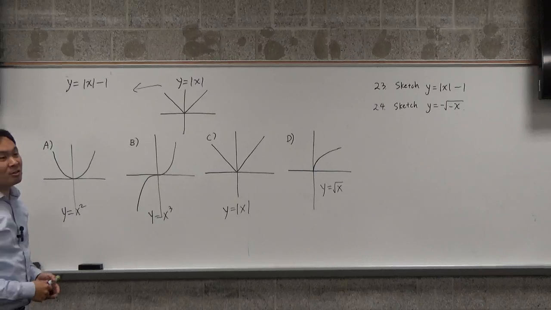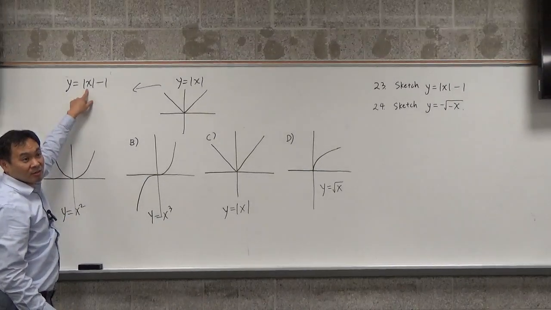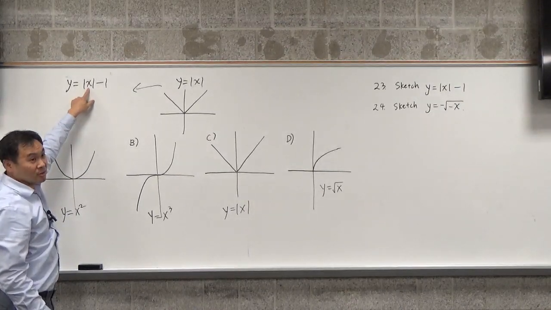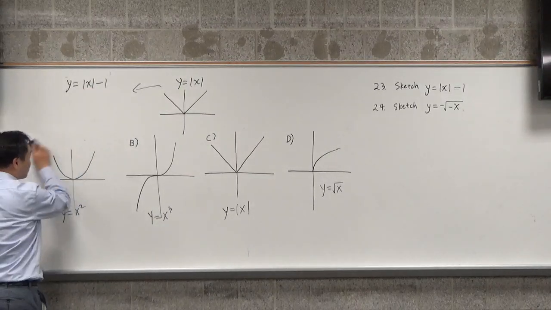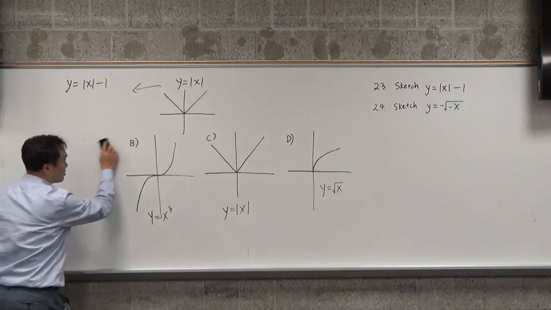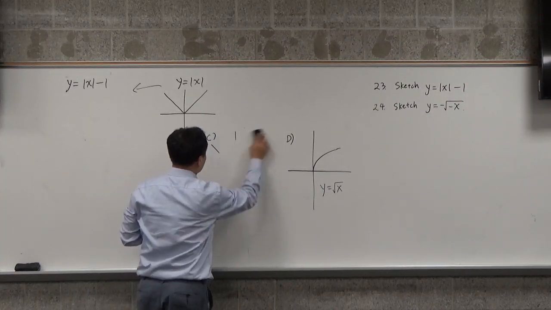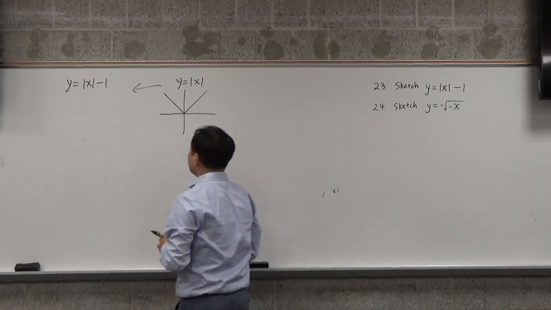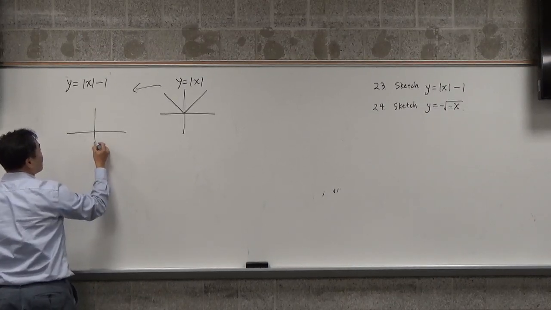Here's one way to think about it. If you plug in 0, what do you get? Negative 1. Oh, this is for the previous question. You shouldn't be looking at this. Okay, so if you plug in 0, you get negative 1.